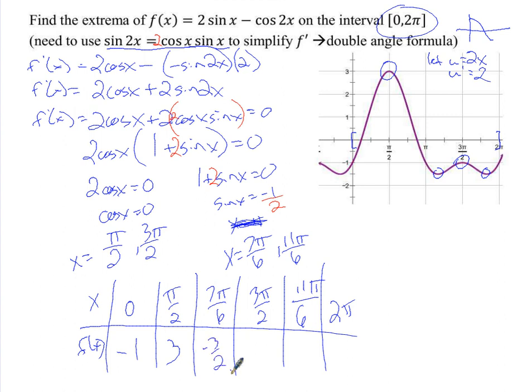All right, 3 pi over 2. Sine 3 pi over 2 is negative 1. Negative 1 times 2 would be negative 2. So that first term is negative 2. And then we have 2 times 3 pi over 2, so 3 pi. So cosine 3 pi, which is the same as cosine pi, negative 1.